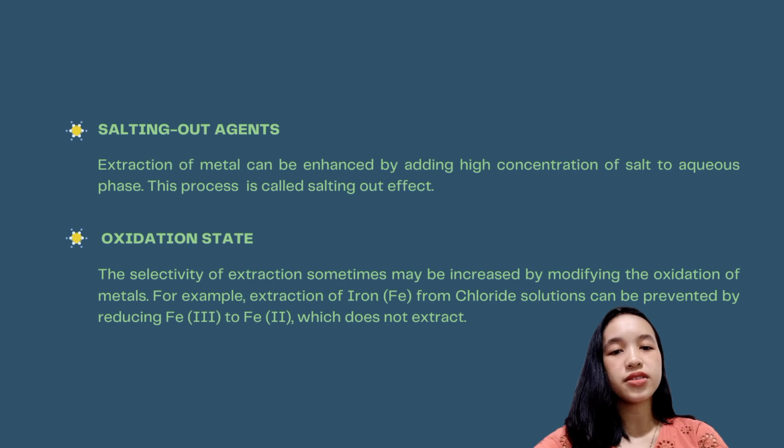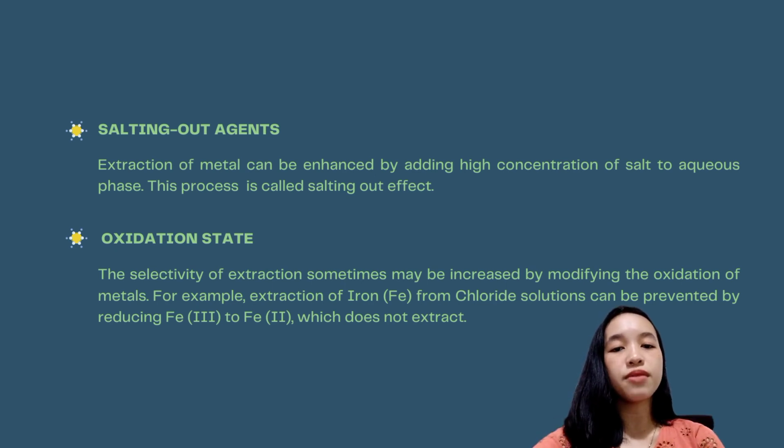Another factor is the oxidation state. The selectivity of extraction sometimes may be increased by modifying the oxidation state of the metal, which means if we modify the oxidation state of the metal, we can also change the extraction efficiency. For example, extraction of iron from chloride solutions can be prevented by reducing iron 3 to iron 2, which does not extract.